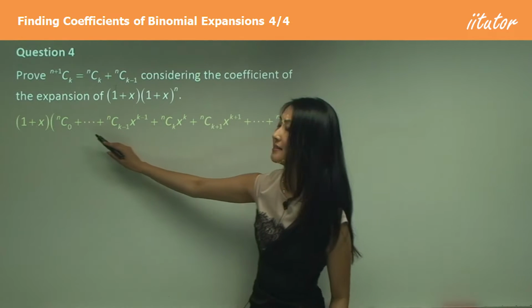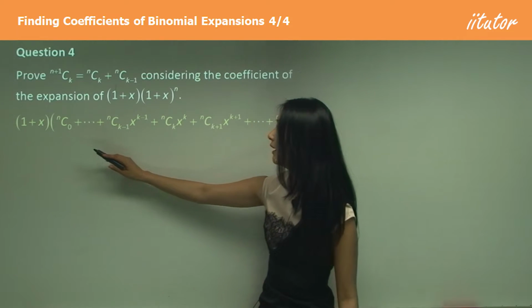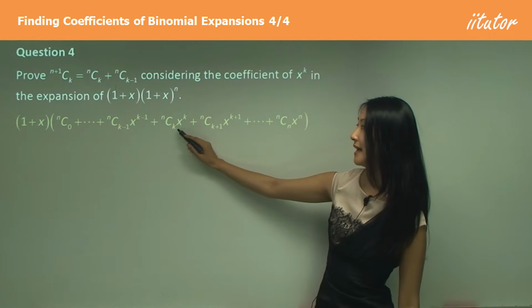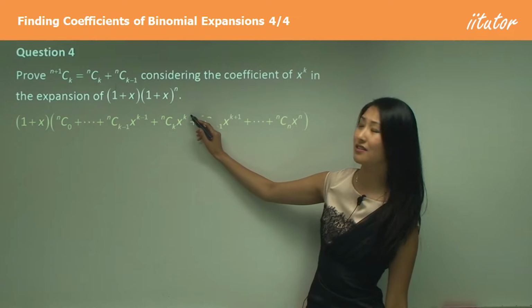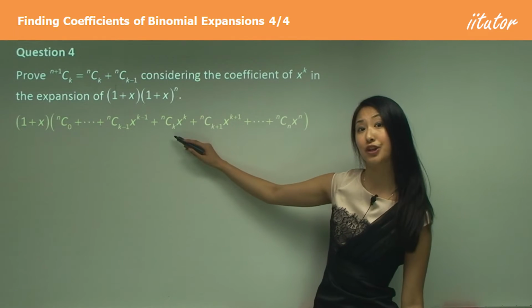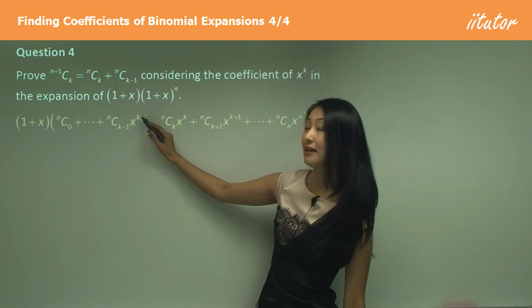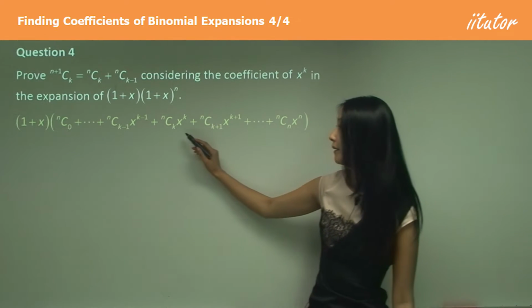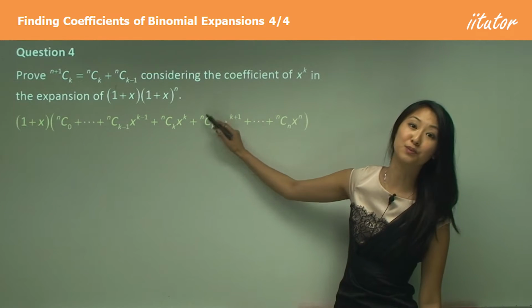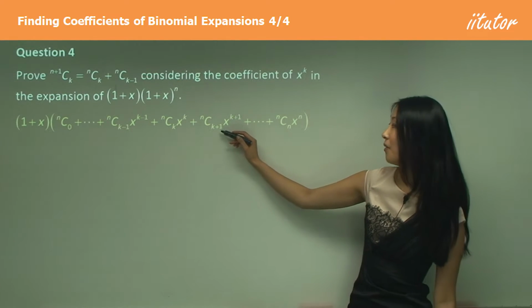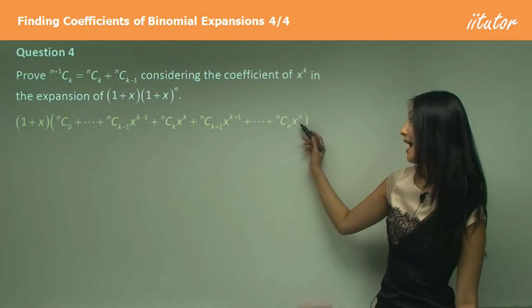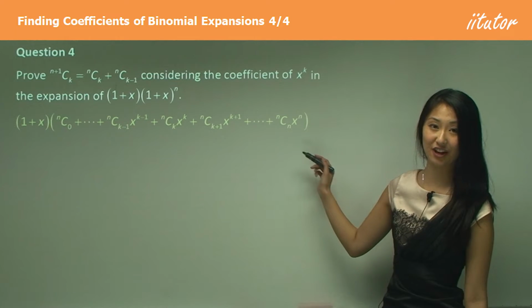So we have nC0 until nCk x to the power of k. This really is just our general term. And then nC(k-1) is just one term less than that, and nC(k+1) just one term more than that, and so on until you have nCn x to the power of n, which is your last term.